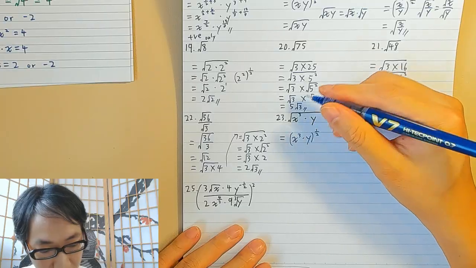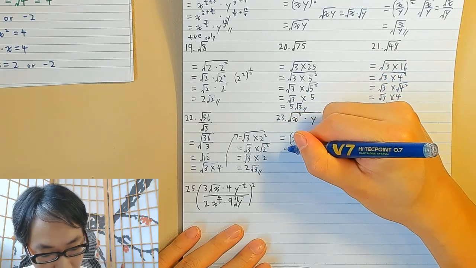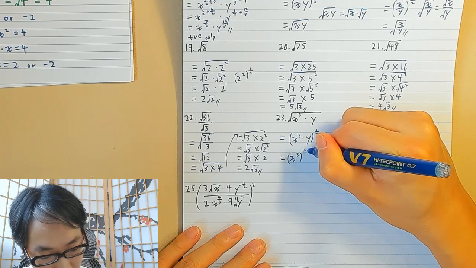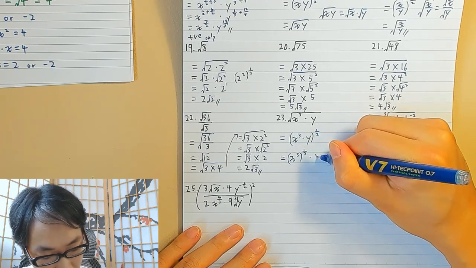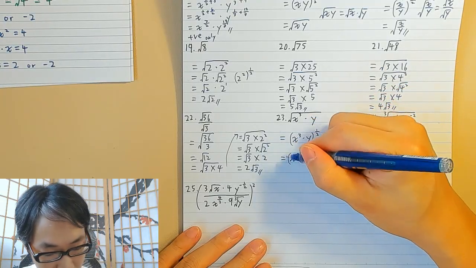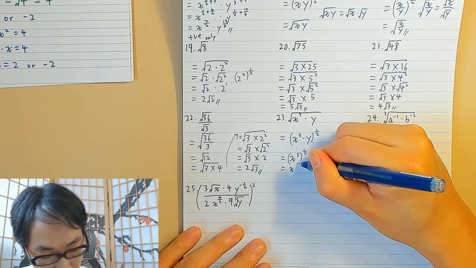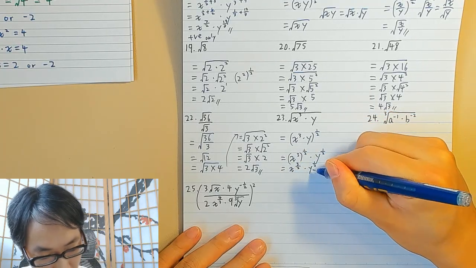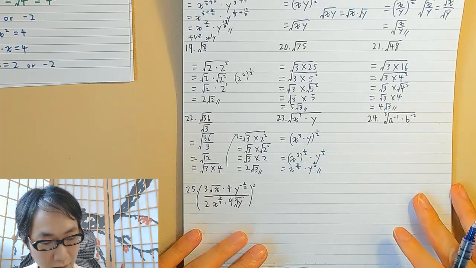Then we distribute the indice. X to the power of 3 to the power of 1 over 2 times y to the power of 1 over 2. Okay. This is equal to x to the power of 3 over 2 times y to the power of 1 over 2. Okay.